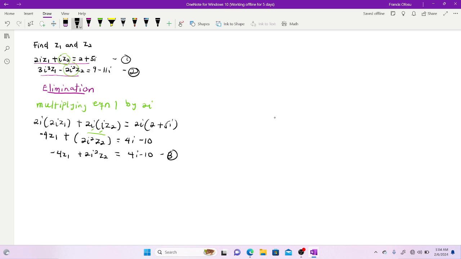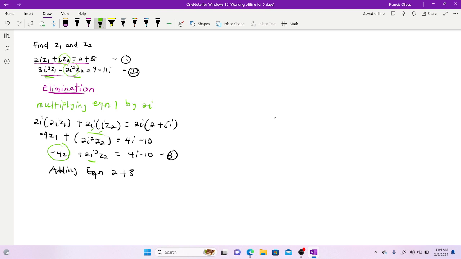Once we have the third equation, we can see the coefficient of this term here is negative. So meaning adding equation 2 plus 3, I'll have this term adding up to this term, and it will cancel.